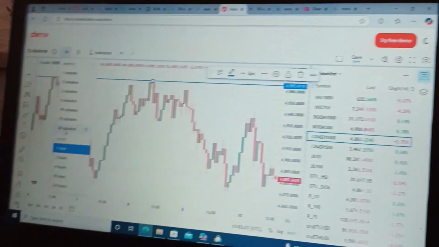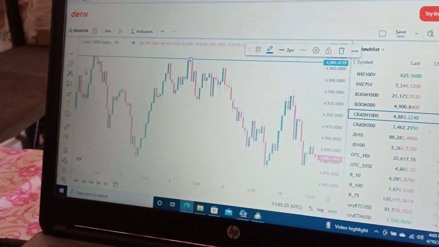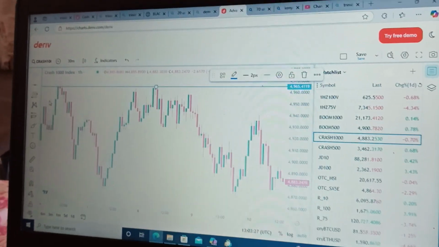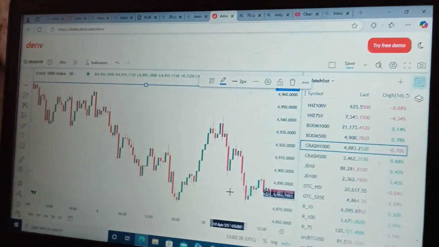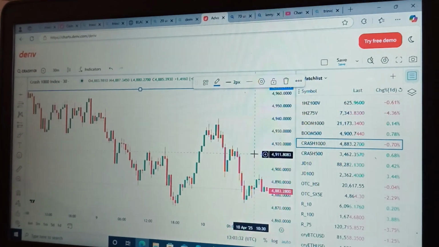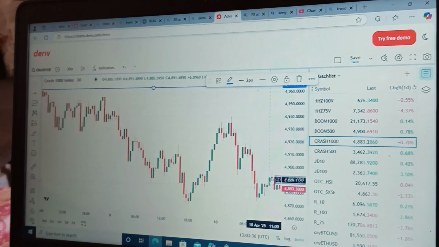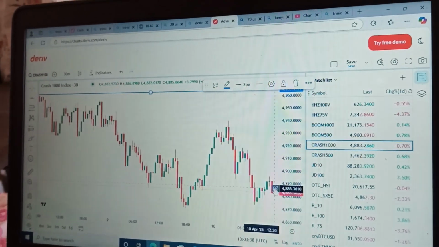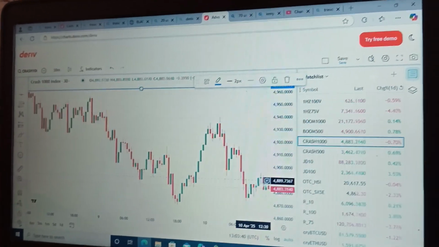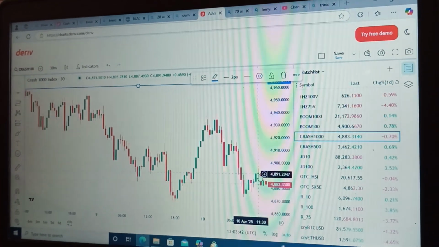So let's go to 30 minutes to see whether you can find an entry now. I usually get my entries on the 30 minutes or the 15 minutes time frame. On the 30 minutes time frame, guys, this is what is happening. It's still going down. It formed this indecision candle.